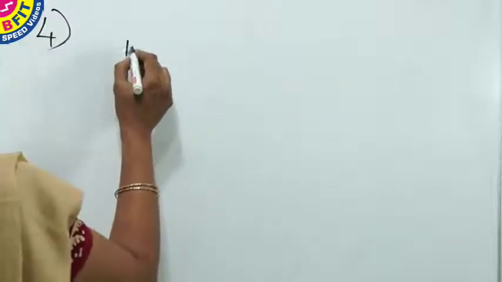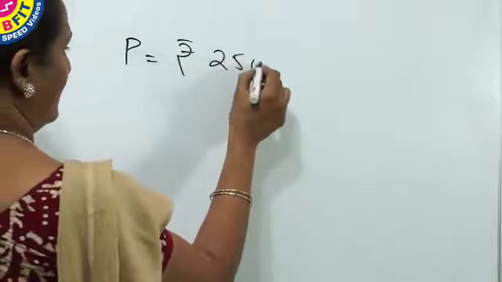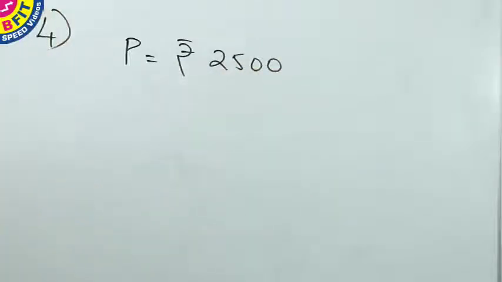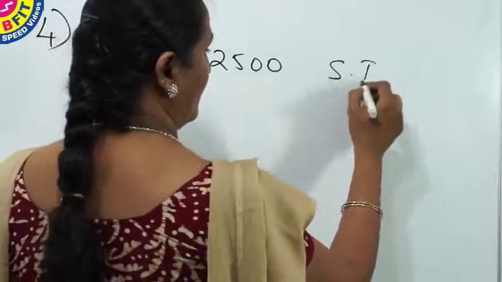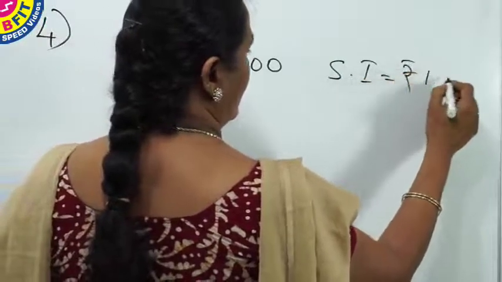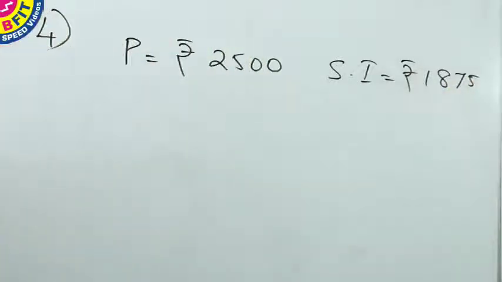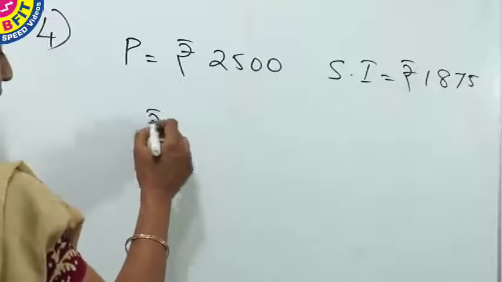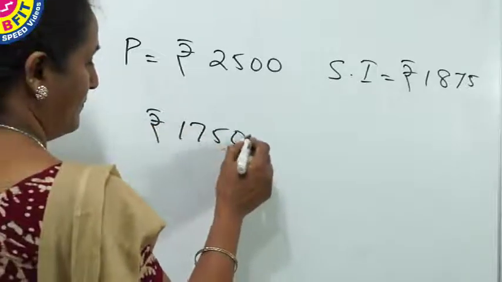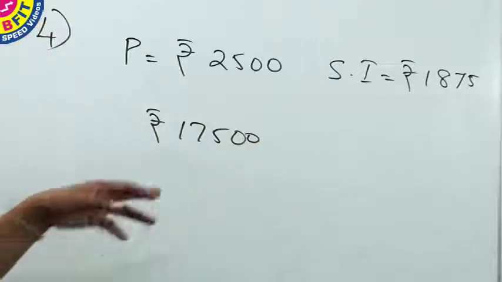So for a sum of rupees 2,500 the interest realized is 1,875, and to find the interest got on a sum of rupees 17,500, just cross multiplying we get the interest.